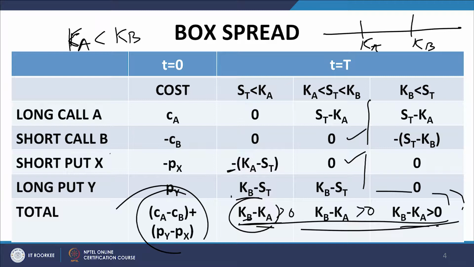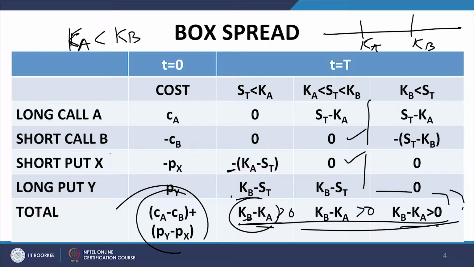Short put X, now this would be exercised. Why? Because this is at strike price Ka, and St is smaller than Ka, and it is a put option, therefore it will be exercised, and it is short.